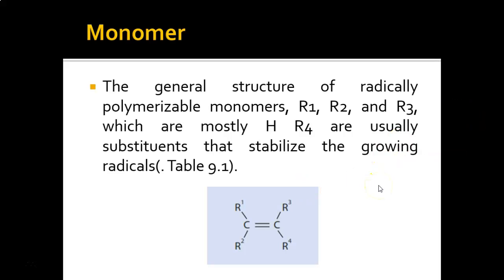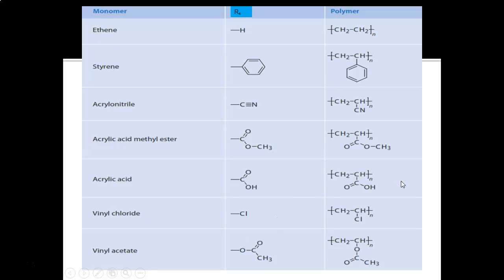In chain growth polymerization, the monomer together with the initiator will form the monomer together with the initiating species. The initiating species that attacks the monomer, we call it the growing center or active center. Based upon the growth center, chain growth polymerization can be classified into free radical, ionic, and also coordination.